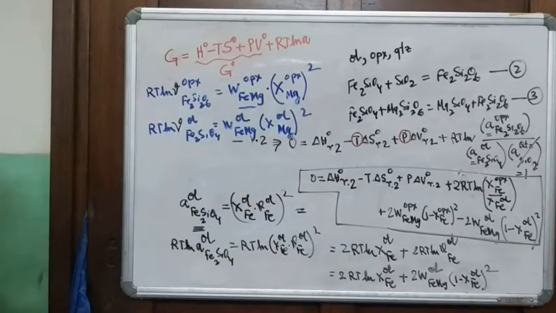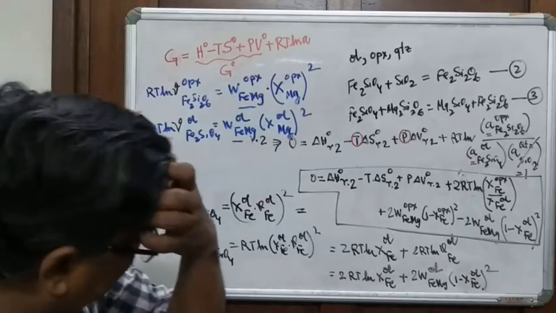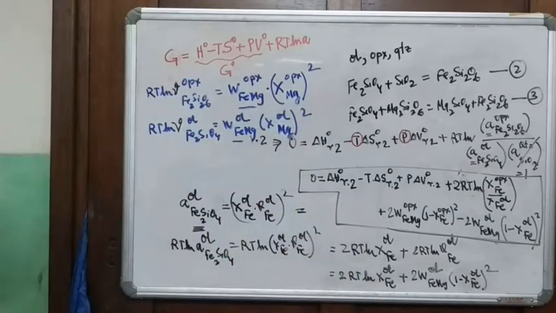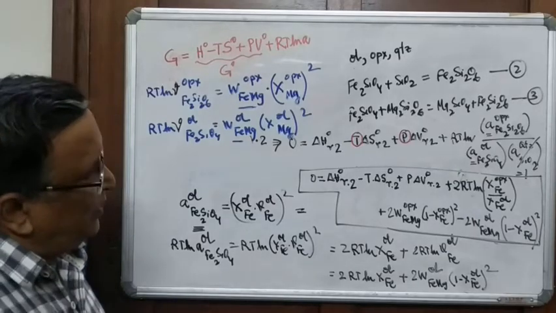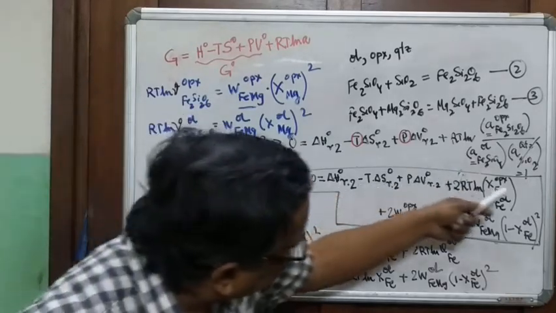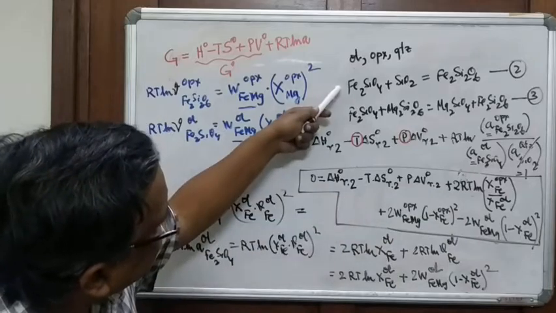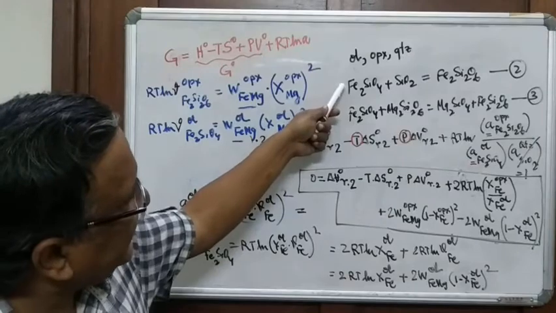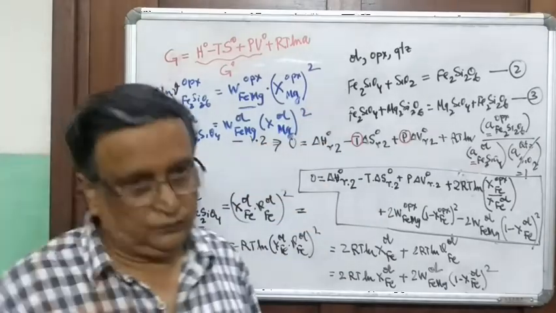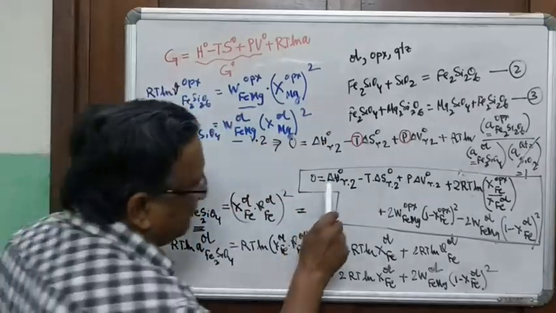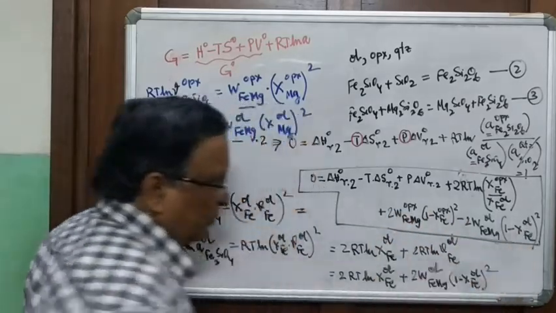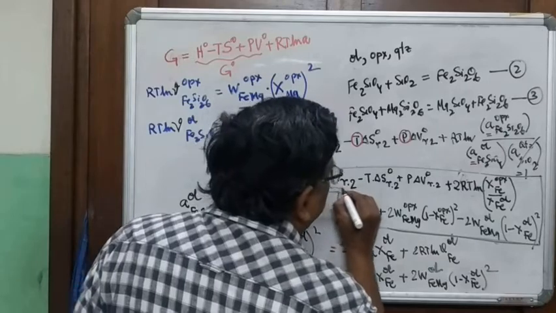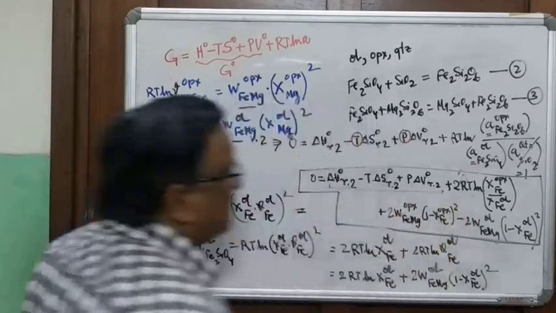So I'll give you 2 minutes to think about it. So this is the equation that emanates from reaction 2. This is for pure end-member components.